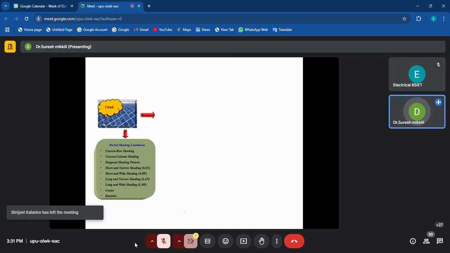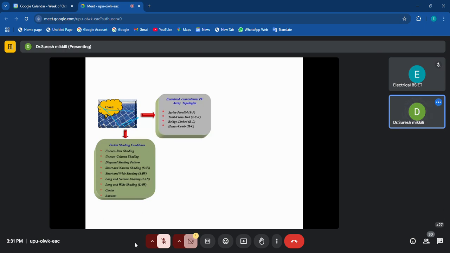One full row can be shaded, or one full column can be shaded, or diagonal modules can be shaded. Center shading and random shading can also happen. I will explain each and every shading condition when the topic comes.